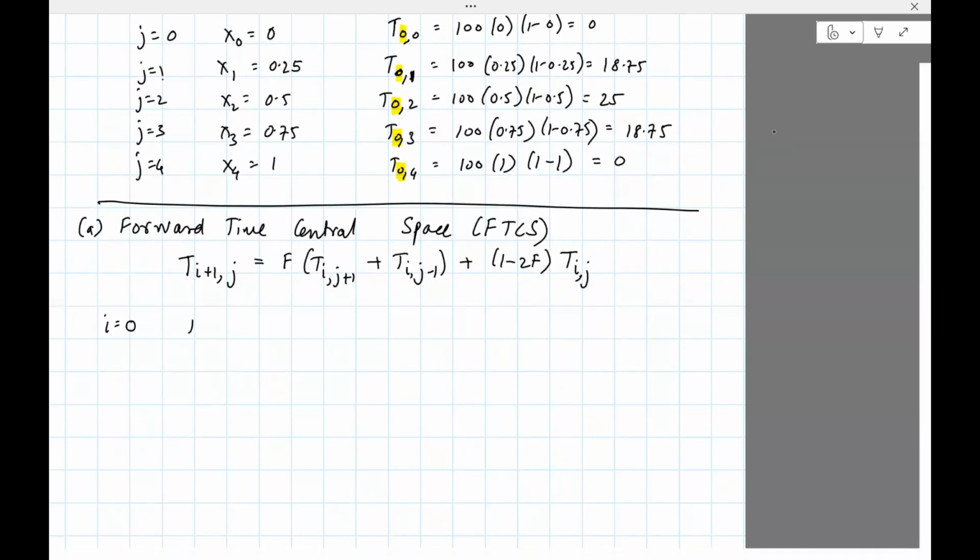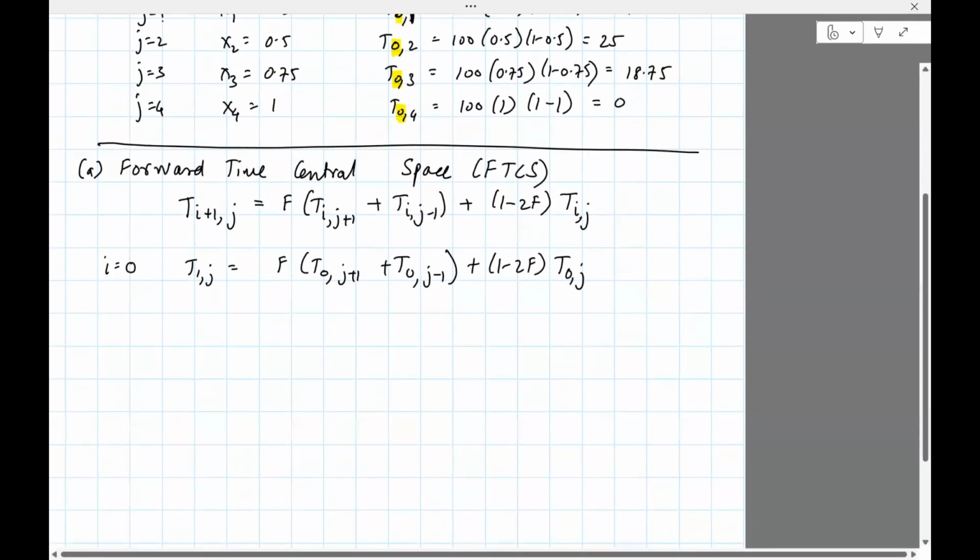T(1, j) equals F times [T(0, j+1) plus T(0, j-1)] plus (1 minus 2F) times T(0, j).